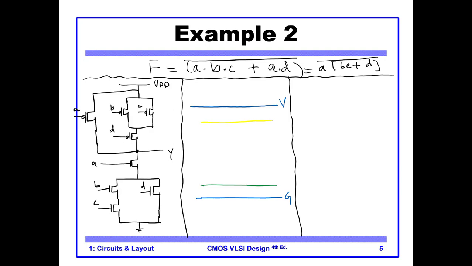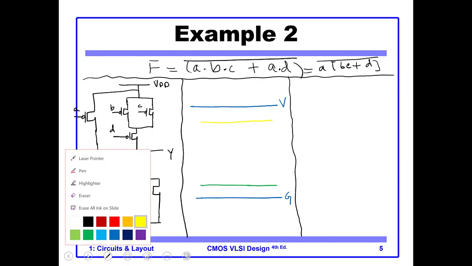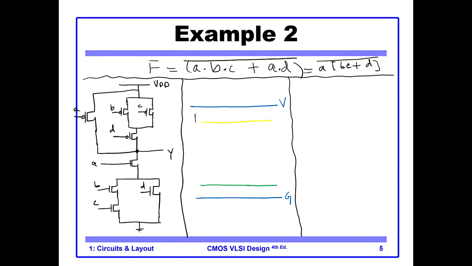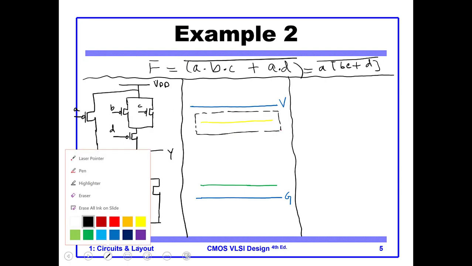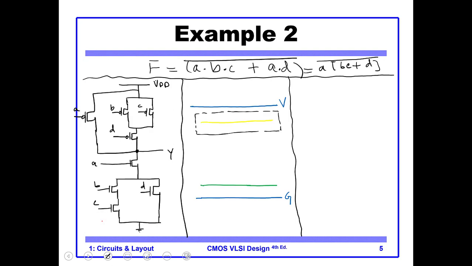The P-type region is inside a well, which I draw in this black color, and then I use this red color for drawing the polysilicon lines. So how many polysilicon lines? We have 4 polysilicon lines.